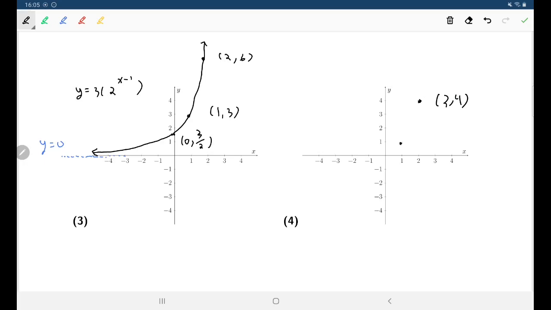And 0, 3 halves moves downward to the point 0, negative a half. And our y equals 0 got shifted downward by 2 to be the line y equals negative 2.